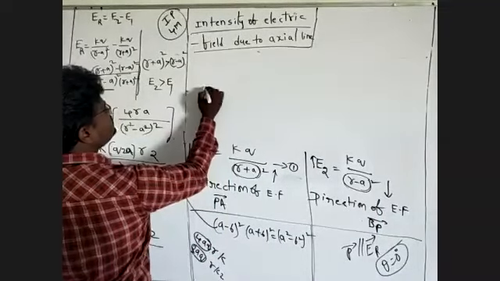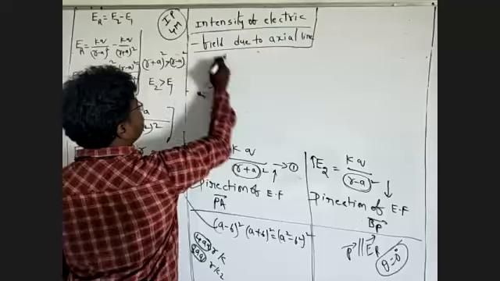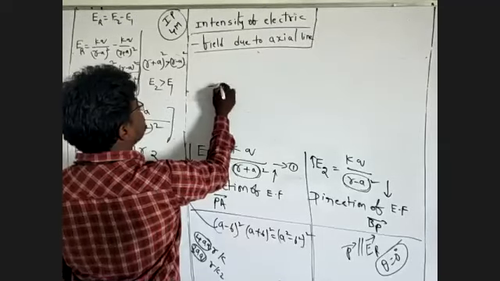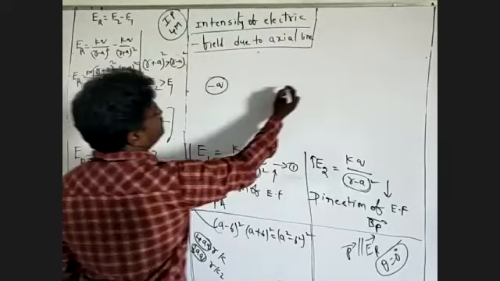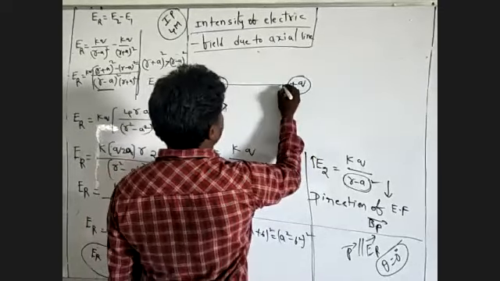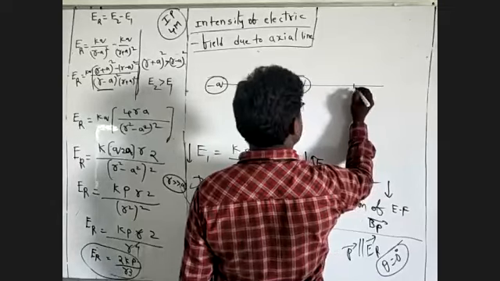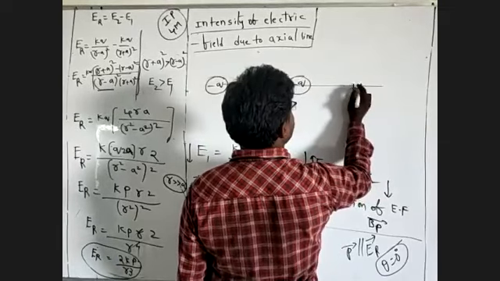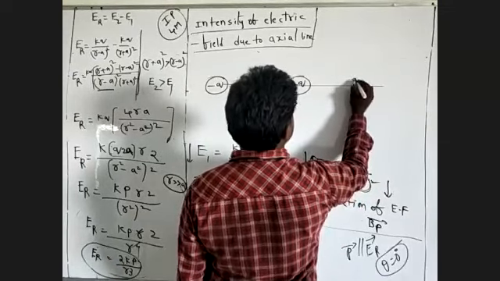This is a negative charge. This is a positive charge. This is a line, which we call the axial line, and this is a test charge.